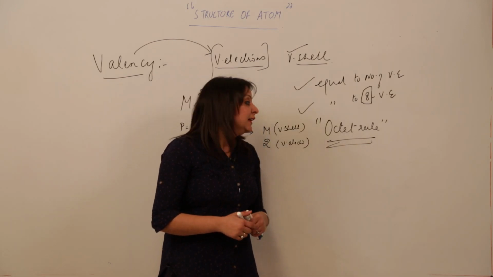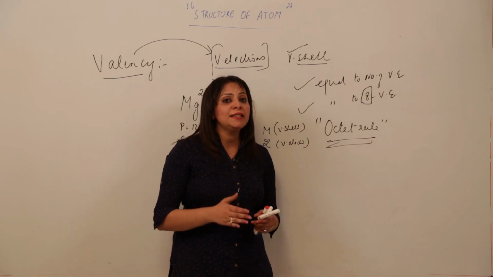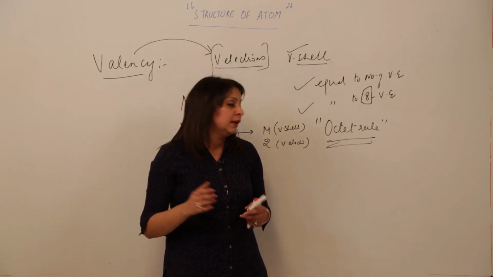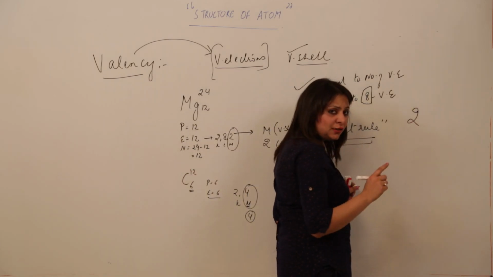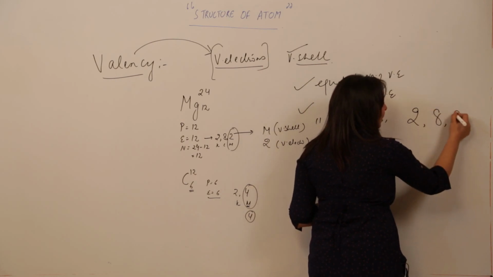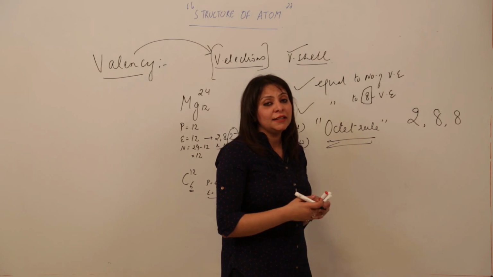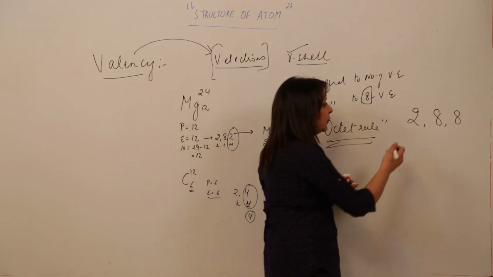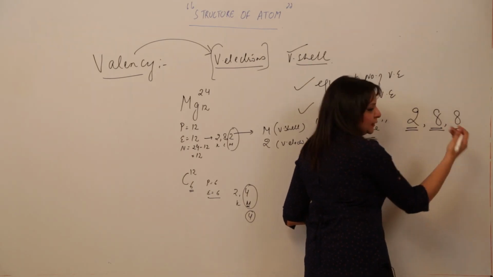It says that the atom should get a maximum of 8 electrons in its outermost shell. As we know, according to the Bohr-Bury rule, the first shell can accommodate a maximum of 2 electrons, the second 8, the third 8, again you know that. Maximum 2 can be there, second shell maximum 8, third also maximum 8.